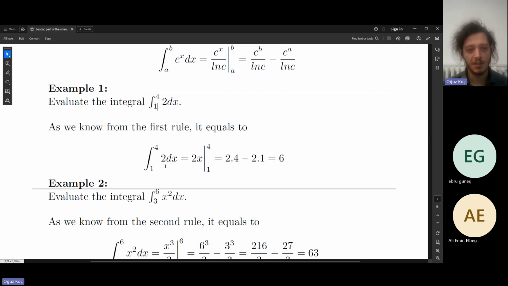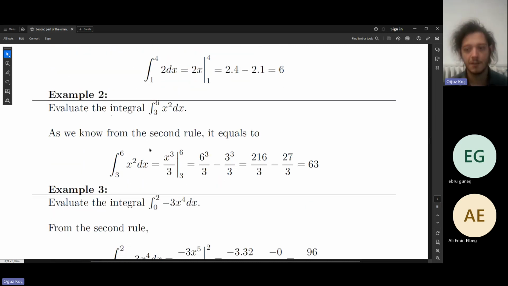As we mentioned, when you take the integral of a constant function, it gives you 2 times x, and for these limit points, it simply gives you 2 times 4 minus 2 times 1. We just put those values to our function, which we already took the integral of, and it is equal to 6 here.